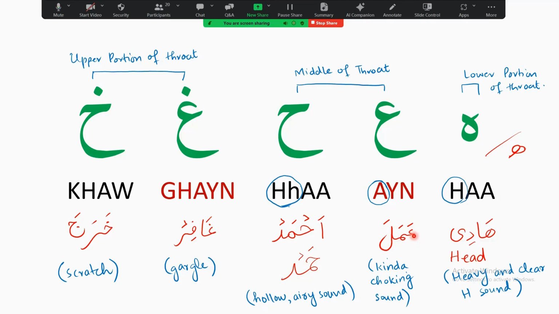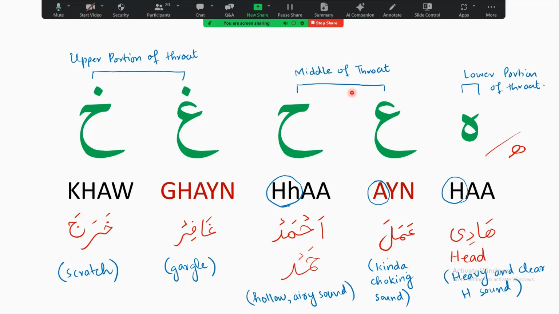Okay, so for this letter, there are various ways we can describe the sound of it. You will hear on YouTube, in lessons, and from certain teachers, from where you might have read qaida before, that this letter has a sound similar to the way we make a choking sound, or the sound we make when we constrict the muscles of the middle portion of our throat.